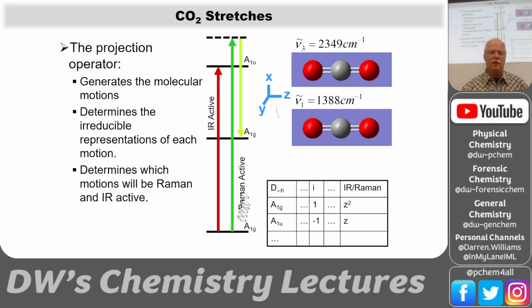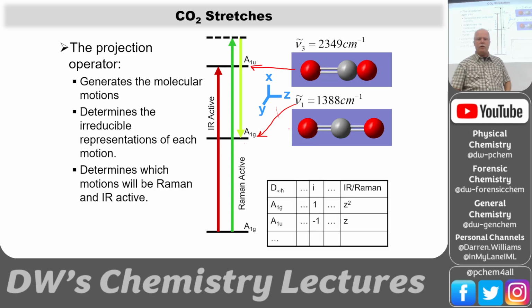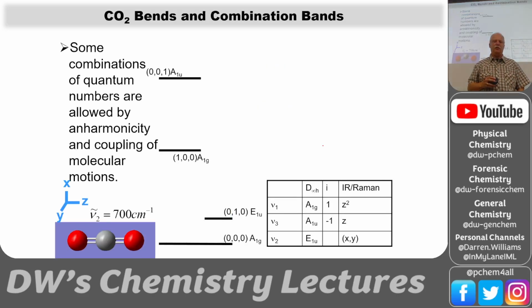So this distance here is around 1400 wave numbers, and then the other one is 2350. Notice the z-axis. It's along the axis of the molecule. And so we could do these two experiments and we could get those frequencies.